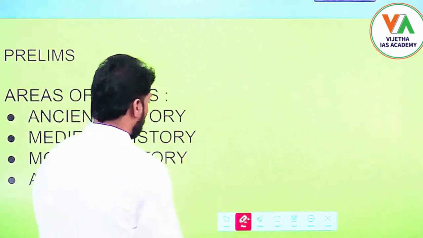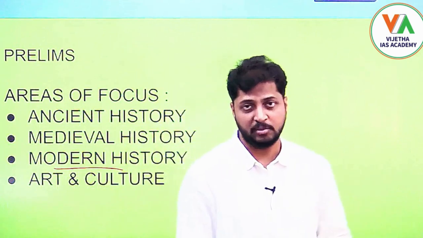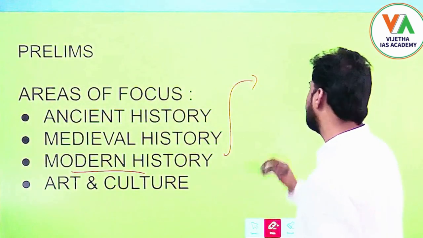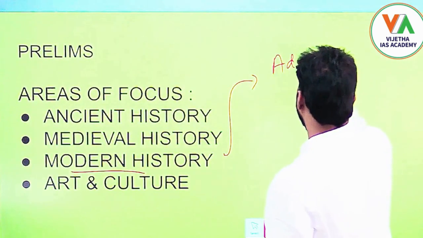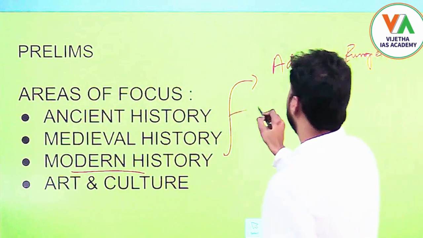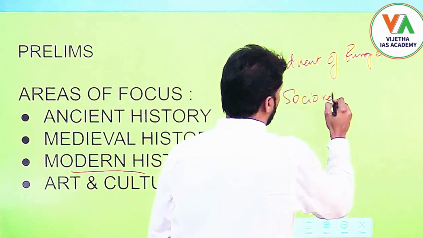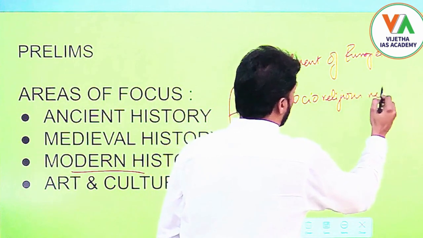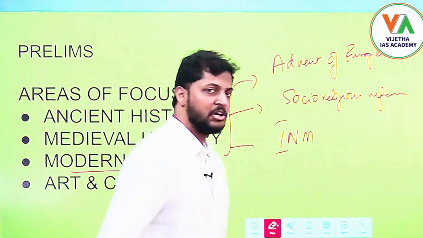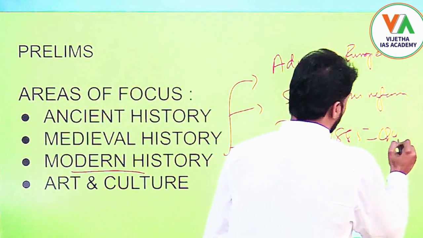So coming to modern, an important part of the history syllabus for the UPSC examination. Especially here we will deal with the advent of Europeans as well as socio-religious reform movements and predominantly the Indian national movement, up to 1947.